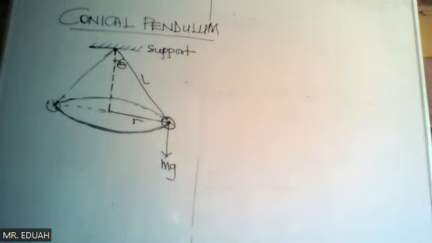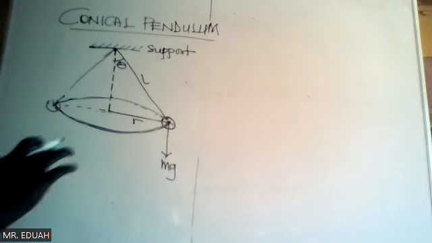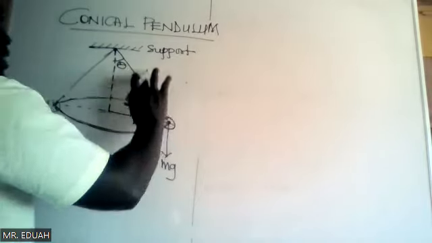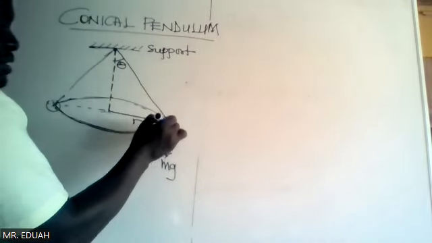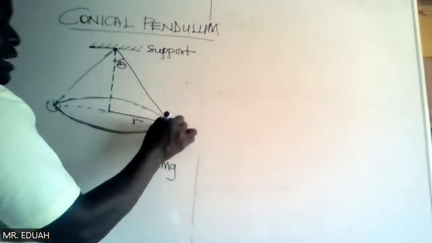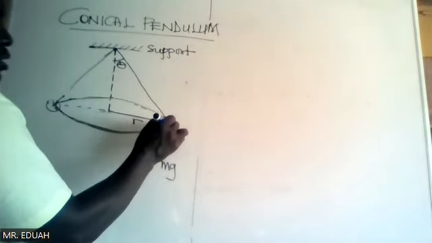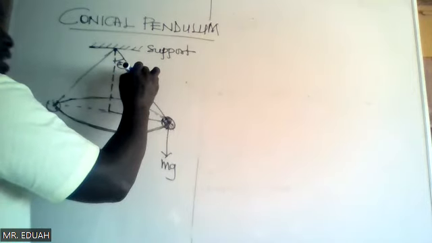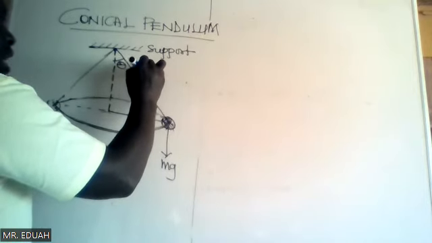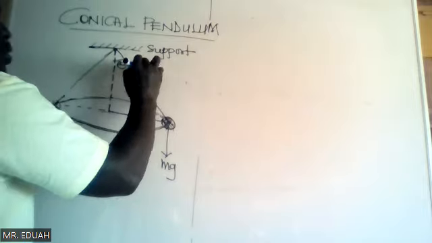Right? Now, in terms of tension, once this is a string, there is a certain level of tension within the string which supports the weight of the mass. So the tension within the string is always directed towards the point of support.